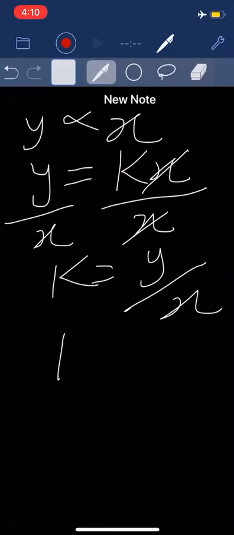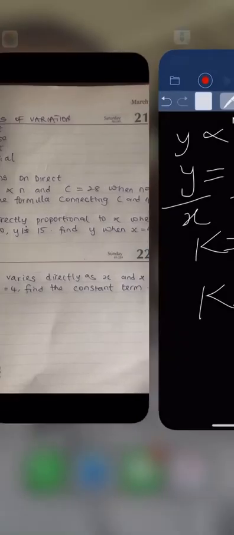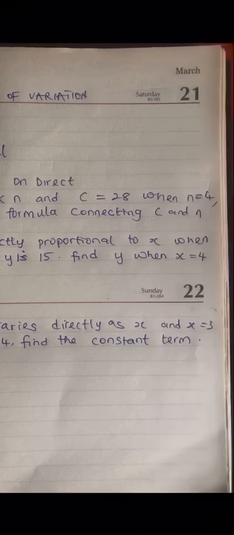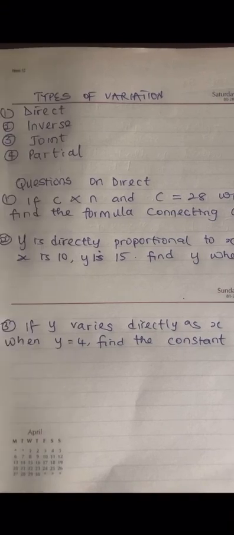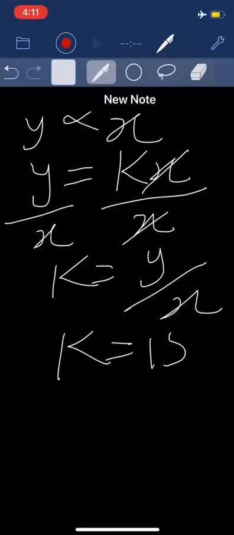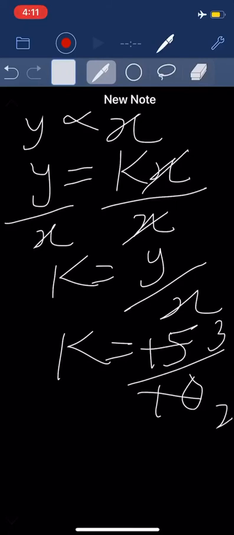Now, k equal to, I go back, what is my value of y and what is my value of x? y is 15 and x is 10. Take note, y is 15 and x is 10. So y is 15 over x is what? 10. So if I try to simplify, I have 5 here 2 and 5 here 3. So k is equal to 3 over 2.